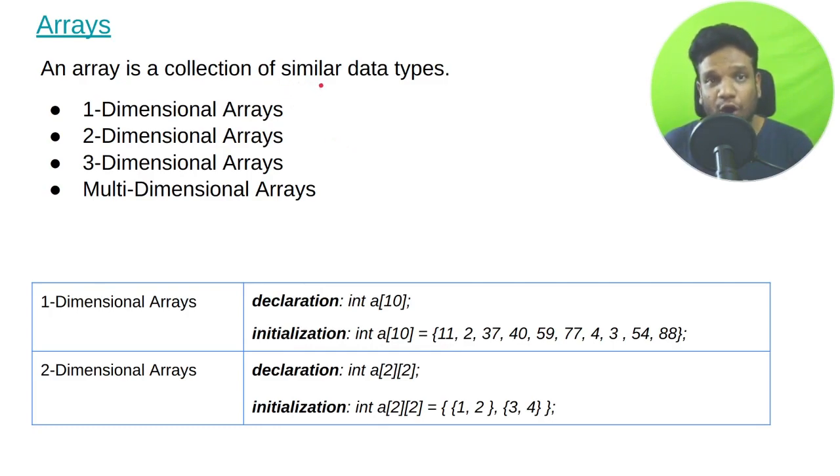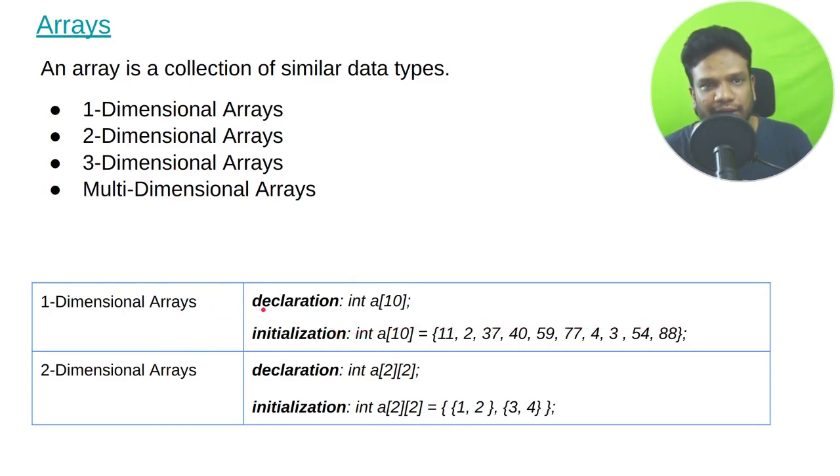You can also have an array of objects, particularly in JavaScript, where you deal with objects often and group them in an array of objects. Here, we'll be looking at one-dimensional, two-dimensional, three-dimensional, and multi-dimensional arrays as well. But in this video, we are going to look at one-dimensional and two-dimensional arrays.